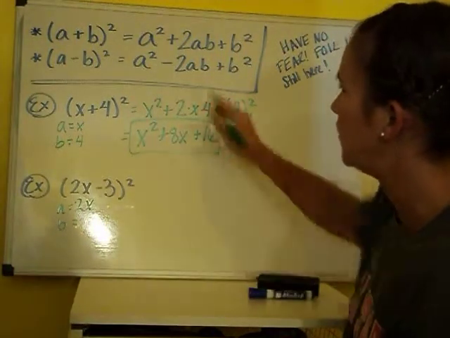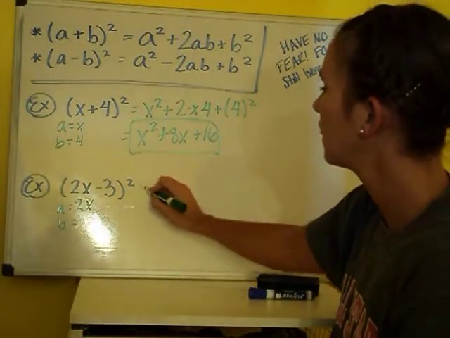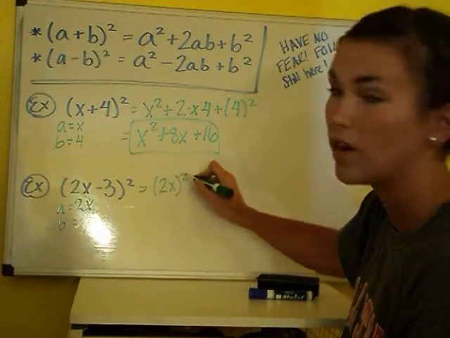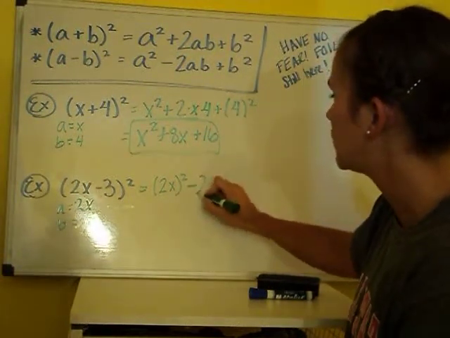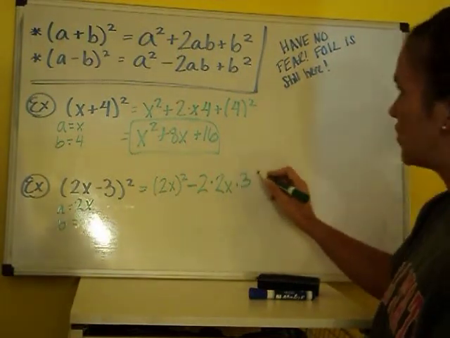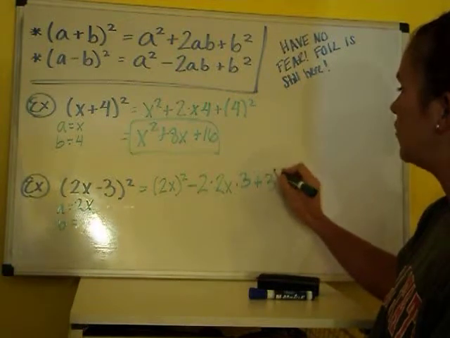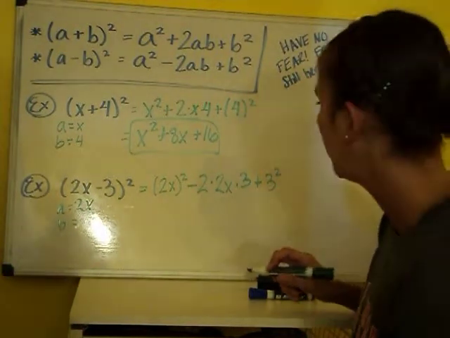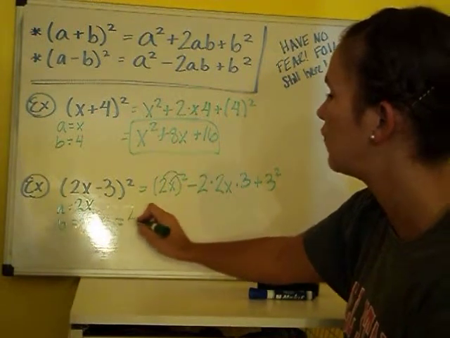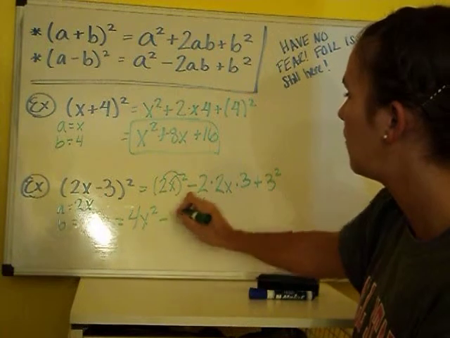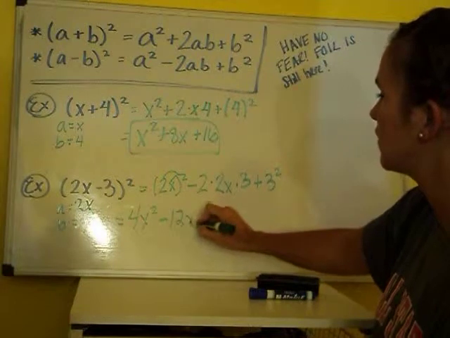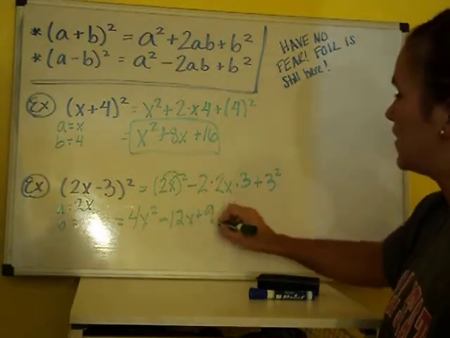So if we just do it this way, using this formula, we're going to have a squared, which is 2x squared, you're squaring the whole thing, minus 2 times a, which is 2x, times your b, which is 3, plus your b squared. So here we get, square both parts, 4x squared minus 2 times 2 times 3 is 12x, plus 3 squared is 9.